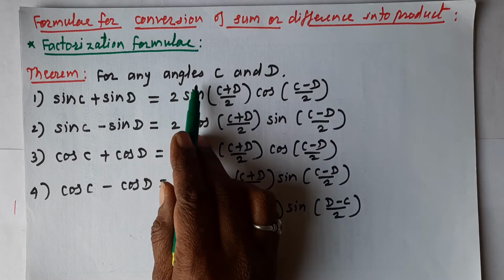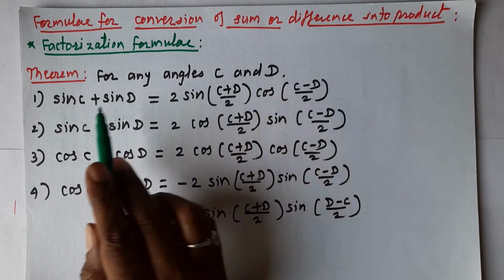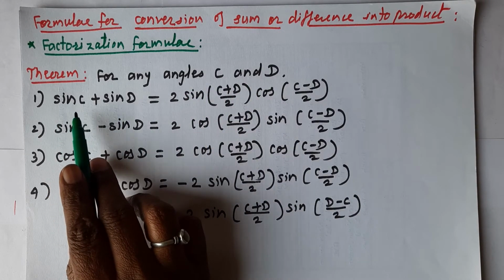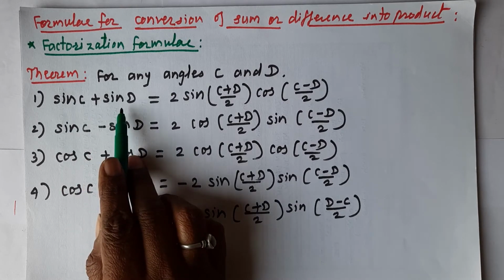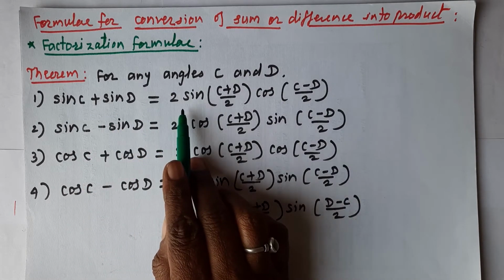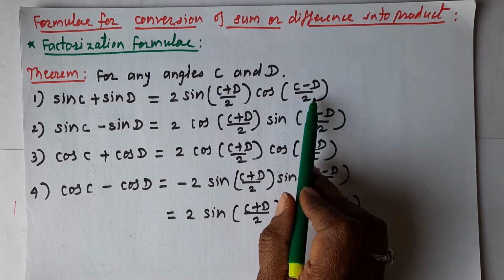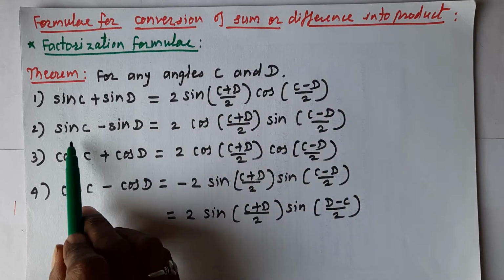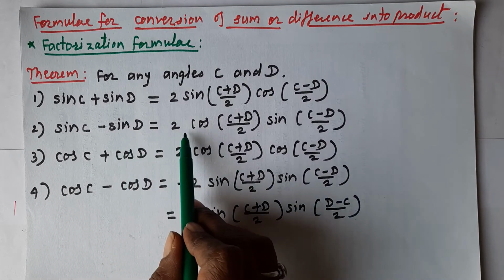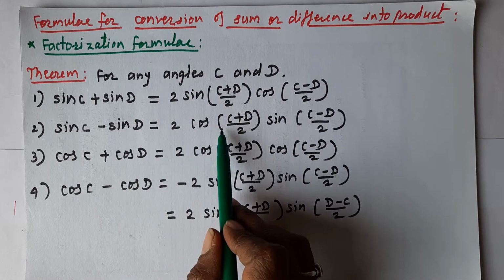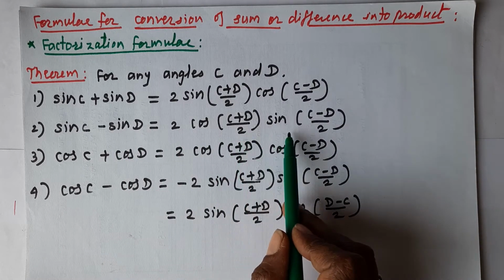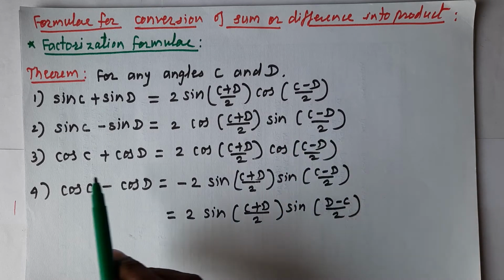For any angles C and D, first formula: sin C plus sin D is equal to 2 times sin (C plus D)/2 cos (C minus D)/2. Second formula: sin C minus sin D is equal to 2 times cos (C plus D)/2 into sin (C minus D)/2.